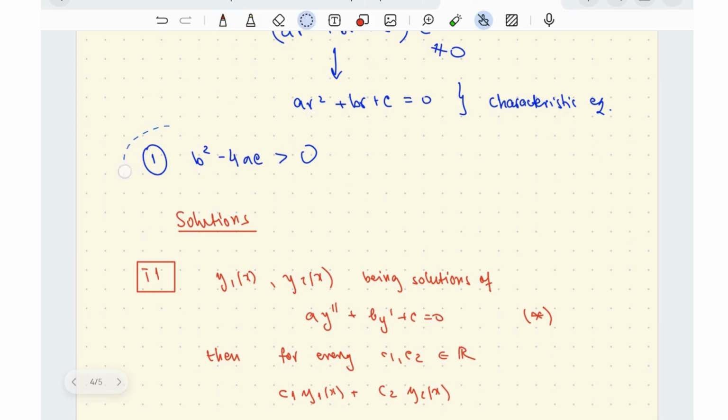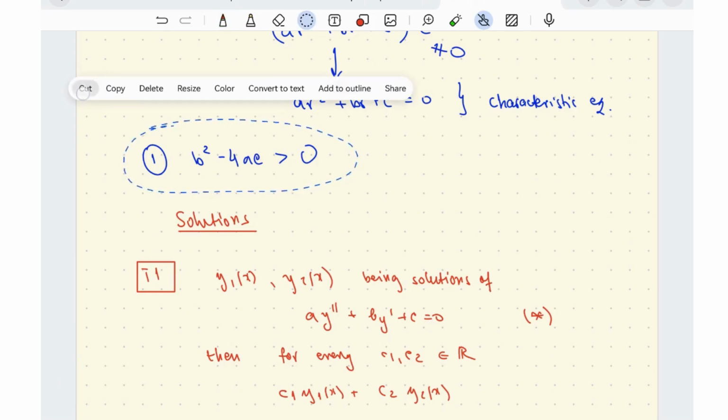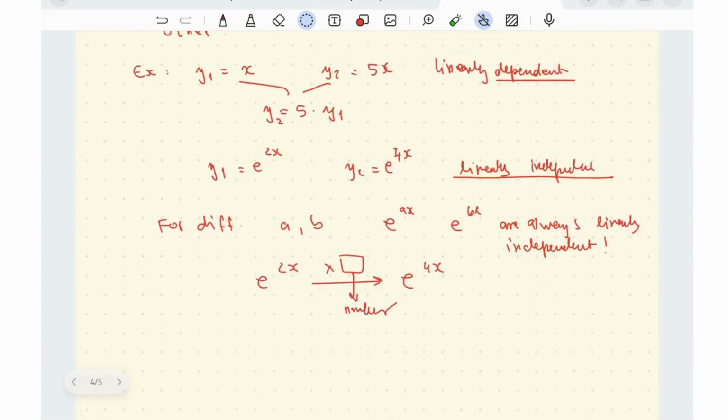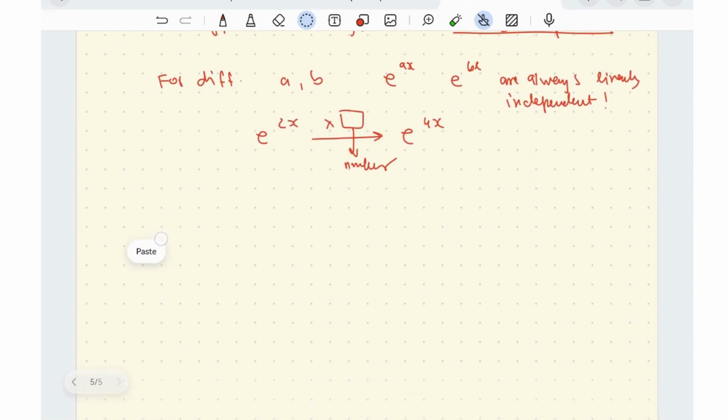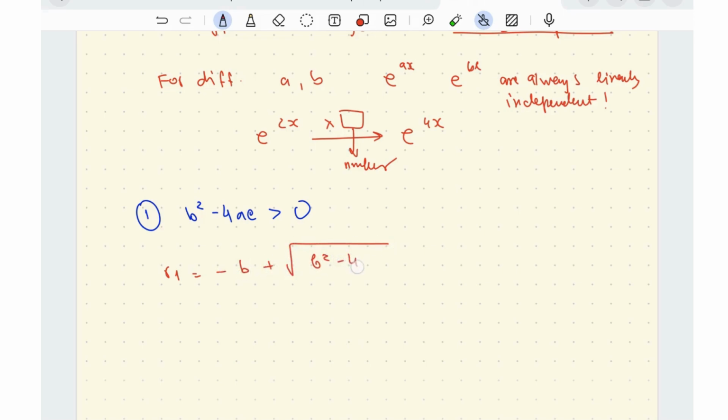I am going to copy this. I'll just cut it here. So now when I have this, so I have b squared minus 4ac, that means that I have r1 equals minus b plus the square root of b squared minus 4ac over 2a.